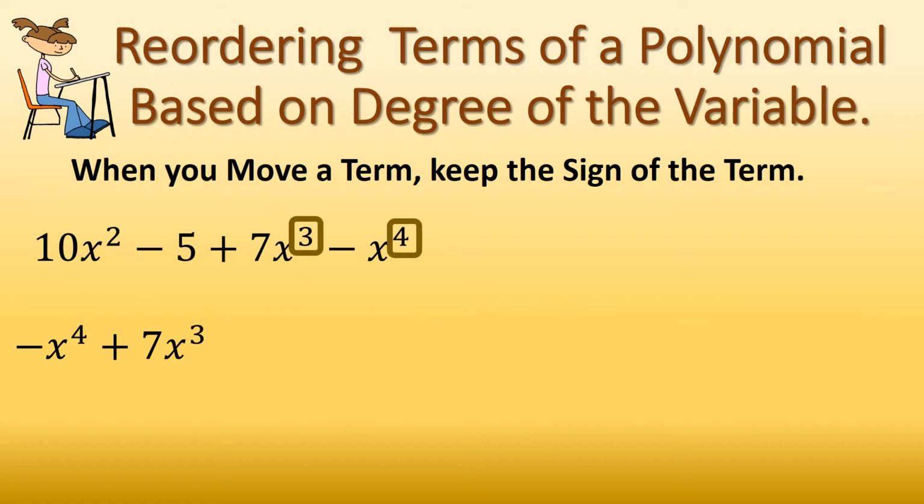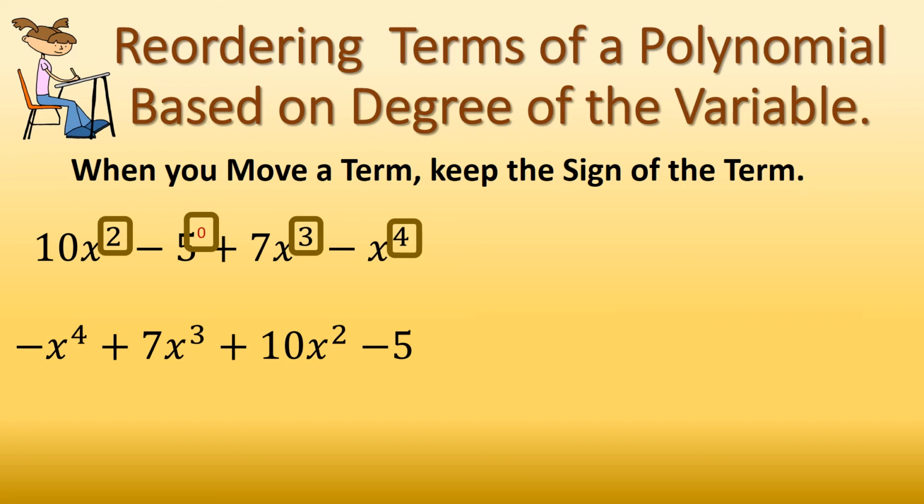So I move down plus 7x to the 3rd power. Now, 2. And the 10 is positive, so I'm going to put plus 10x squared. Now again, I've got that negative 5, and there doesn't appear to be a variable there. That's my constant. And remember, the variable is actually raised to the 0 power, so it's my smallest, and I pop it in at the end.